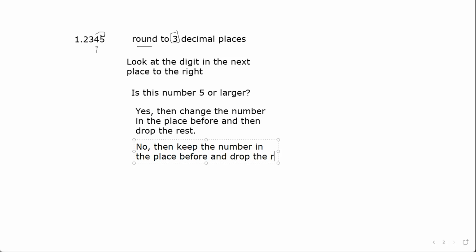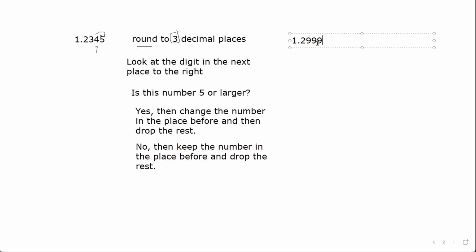Now, the exception to that, and this always messes people up. What if I give you something like this? 1.2999. And I want you to round this to 3 decimal places.